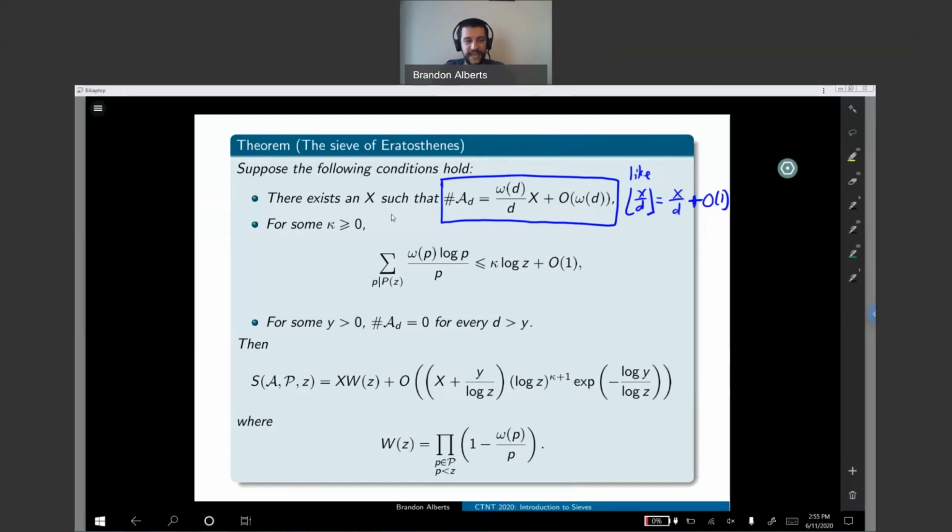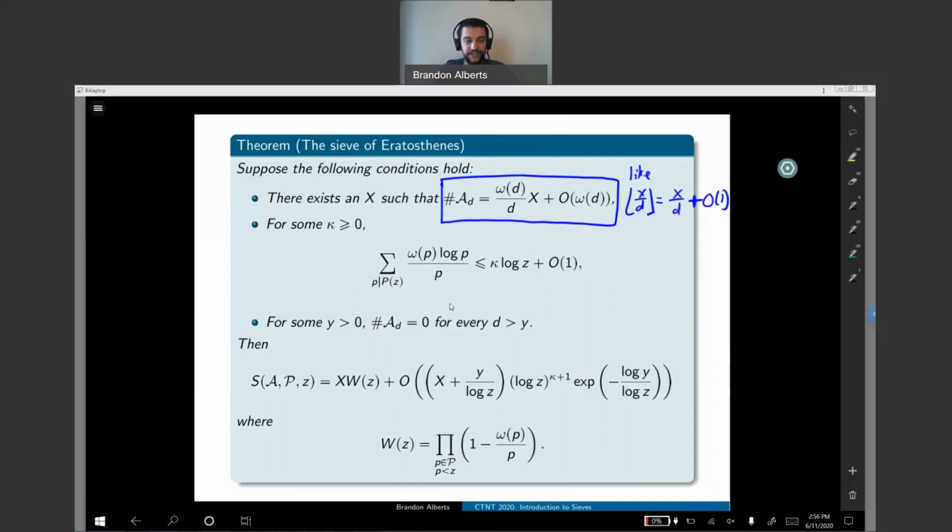It's possible for capital X to be different than little x, but generally speaking, in any situation you're going to use this, it's going to be just little x again. All right. So this is saying, okay, we're approximating the size of the bad sets. The sum of this term is going to look like your main term. The sum of this term is going to look like your error term.